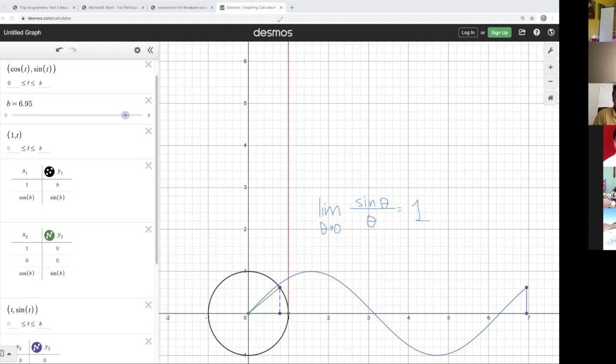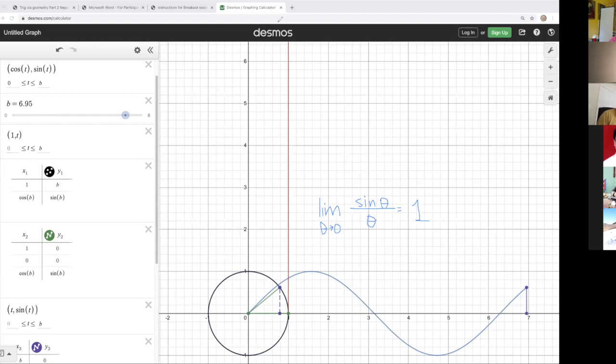So explain, and with your own Desmos, you can play with this. Where is theta? Where's the sine of theta? How do you know that this limit is 1? Use the chat, think about this, and then we can go from there.